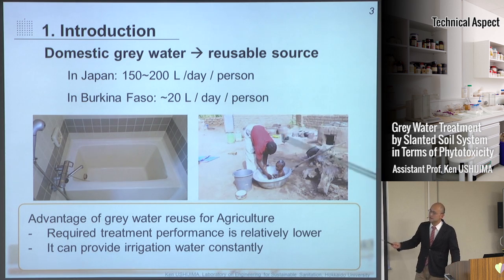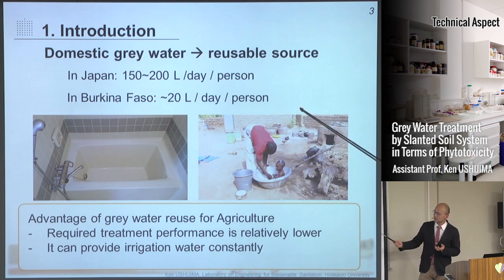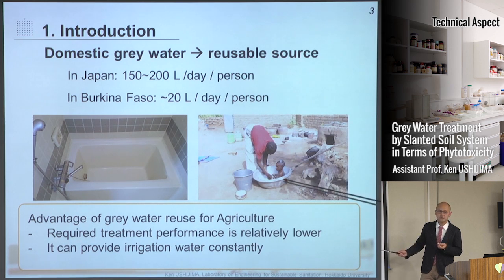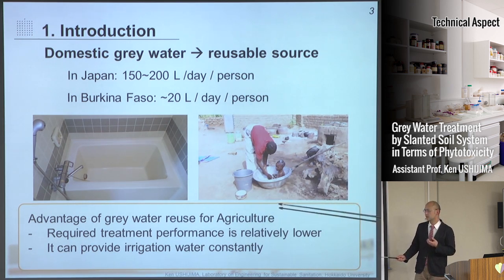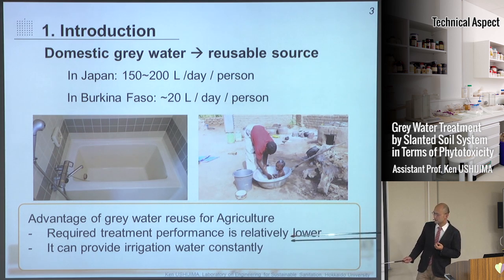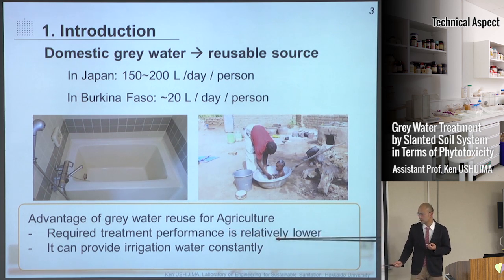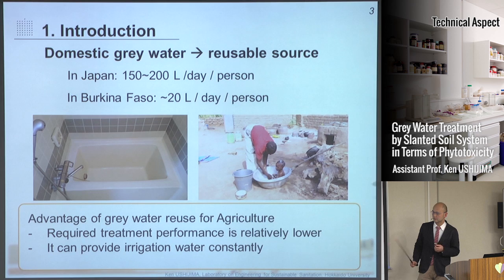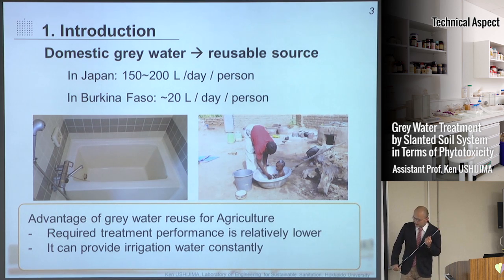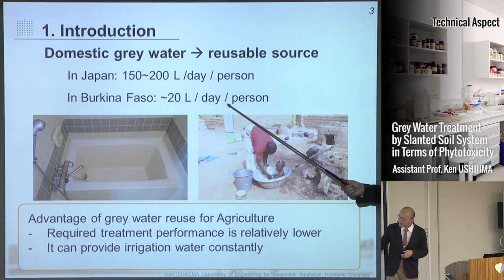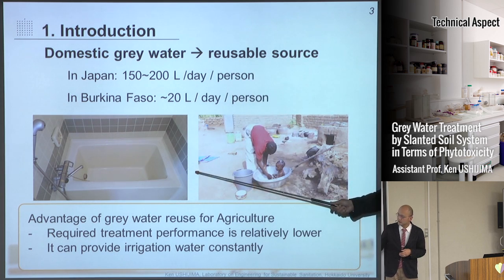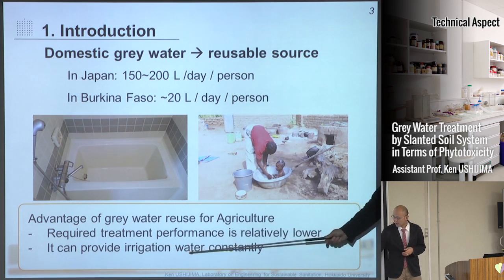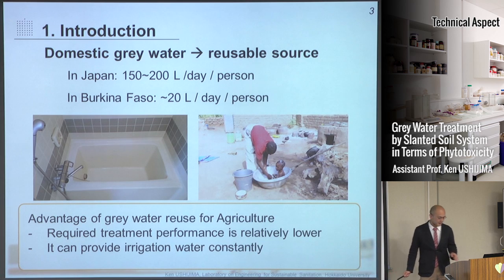The second point is that if we focus only on irrigation reuse, the required water quality level is relatively lower. So it means that the treatment performance can be relatively lower.